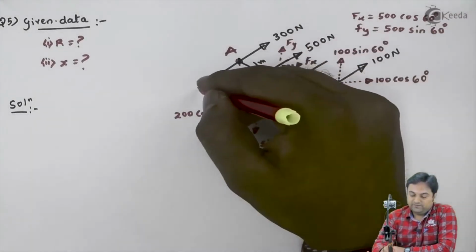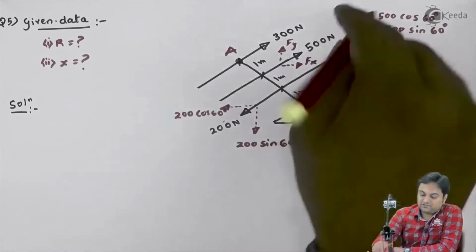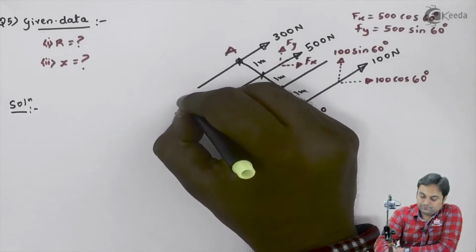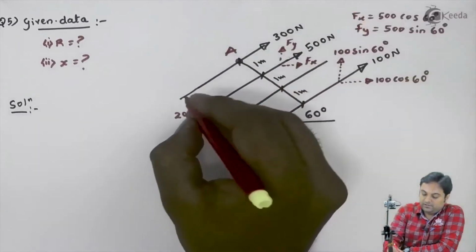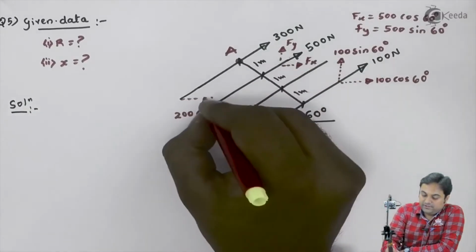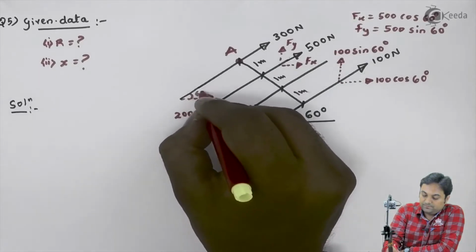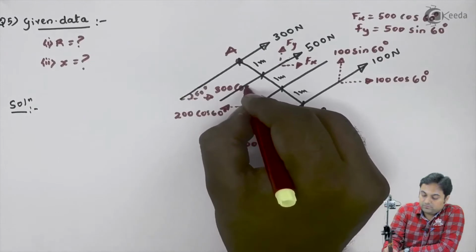Then we are left with the last force, which is 300 Newton. Again it will have its horizontal and vertical components. Here I'll mark its horizontal component as 300 cos 60 degree.